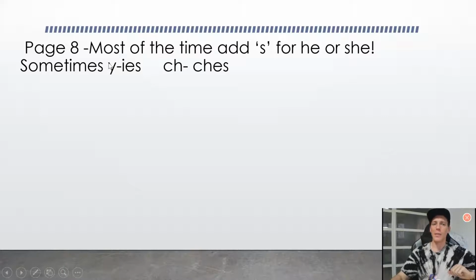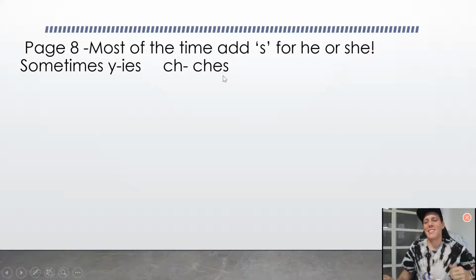But sometimes we need a Y. So maybe the verb's end letter is Y, then we write I-E-S. No Y, drop the Y, I-E-S. If it's finishing with C-H, then in this case we write C-H-E-S, like watches. He watches me, like that. So each one of these is an example.